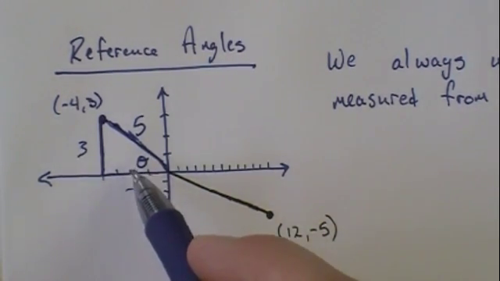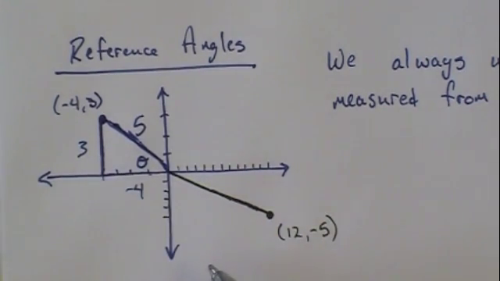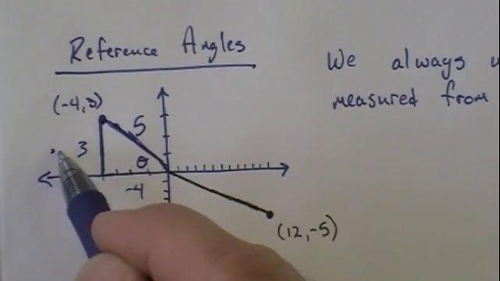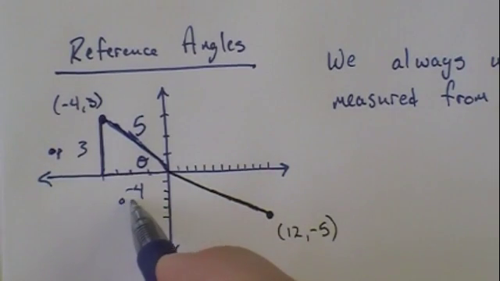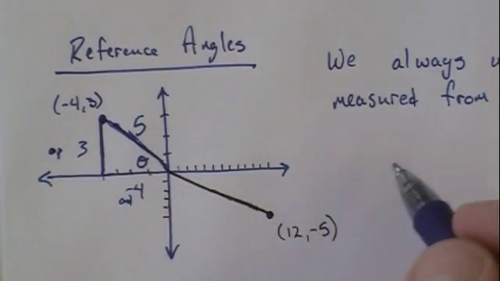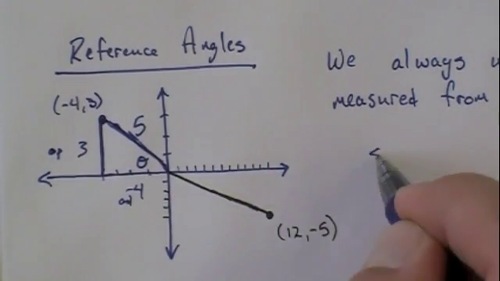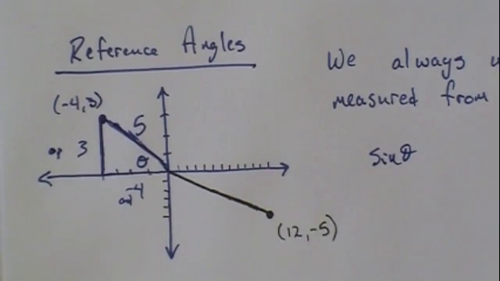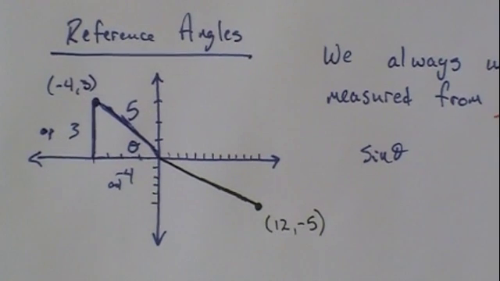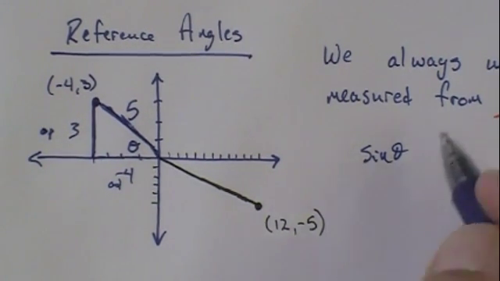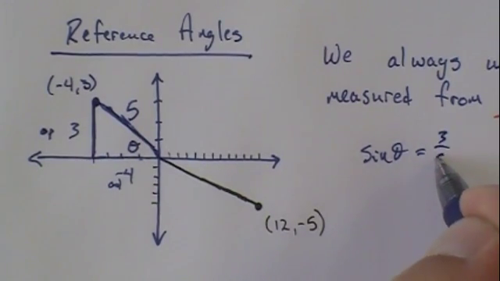So for this particular triangle, here's our angle, here's opposite, here's adjacent, here's hypotenuse. Then sine of theta is opposite over hypotenuse, which is equal to 3 over 5.